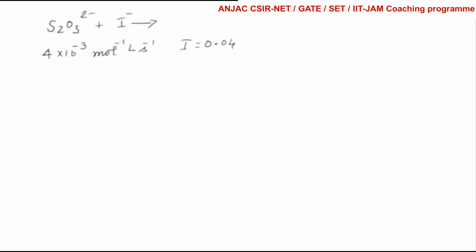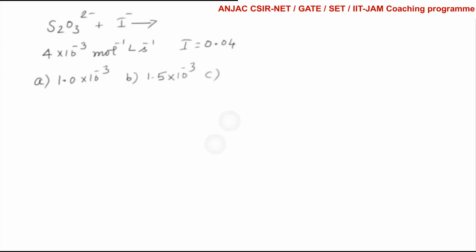What would be the rate constant of the reaction in the absence of electrolyte? Option A: 1.0 into 10 power minus 3. B: 1.5 into 10 power minus 3.